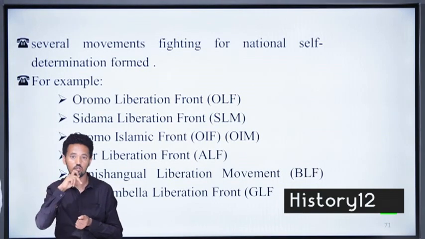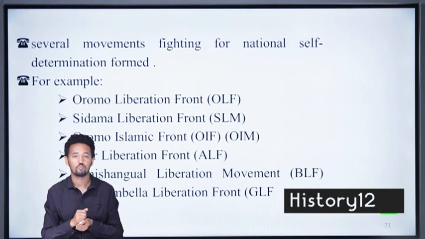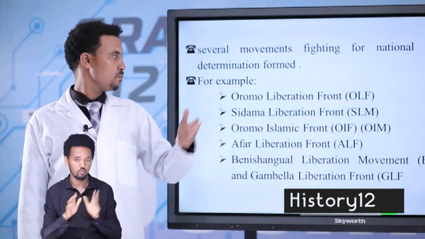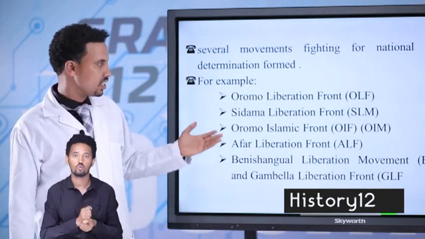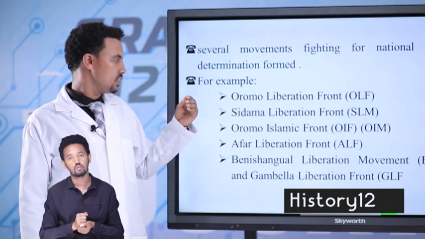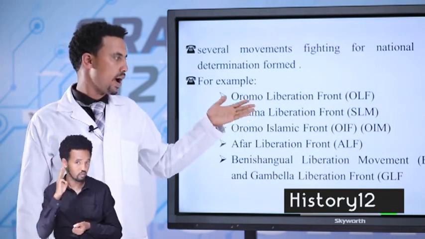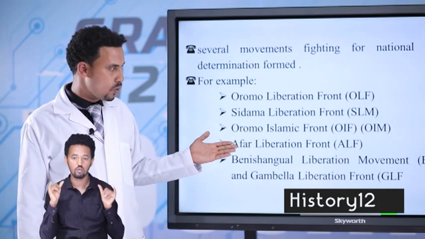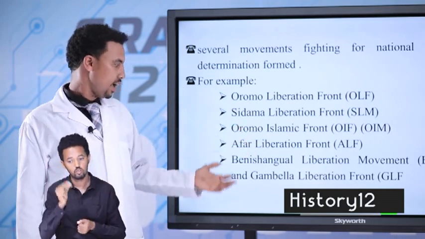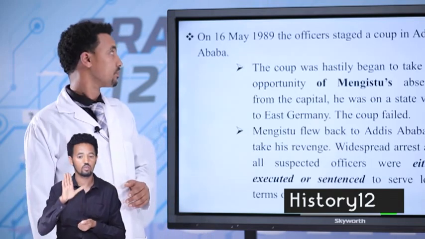Several movements fighting for national self-determination formed, for example, the Oromo Liberation Front, OLF, the Sidama Liberation Front, the Oromo Islamic Front, OIF, Afar Liberation Front, ALF, Benishangul Liberation Front, BLF, and Gambella Liberation Front.